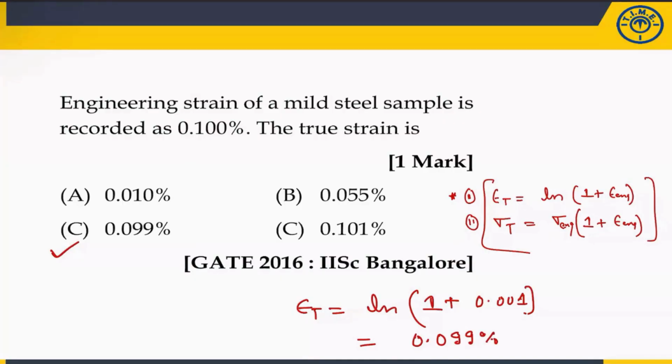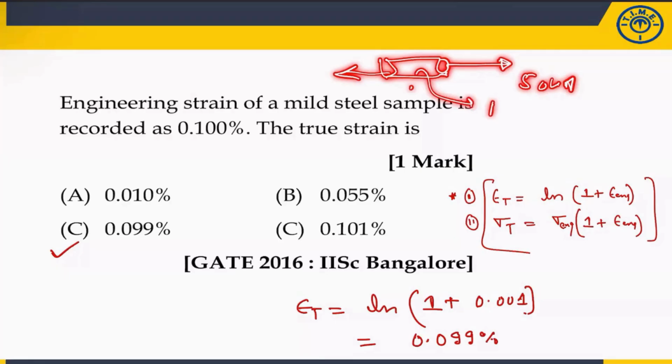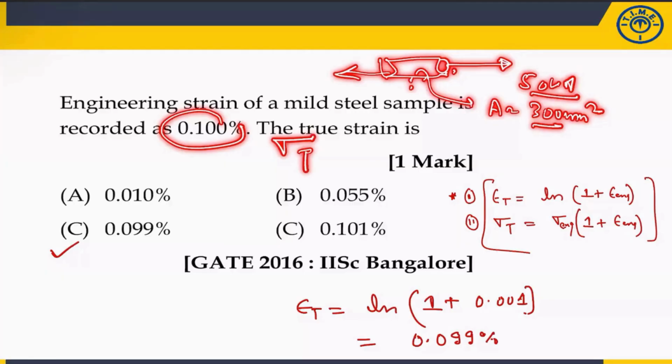So one more question I can frame. For example, I am considering a bar and applying a load of 50 kilonewton. The area I am giving as, let us suppose, 300 millimeter. Okay, no need to solve, just understand. The engineering strain is also given for this problem, and you have to calculate the true stress.